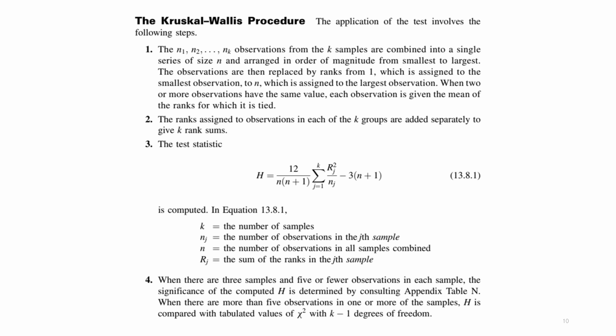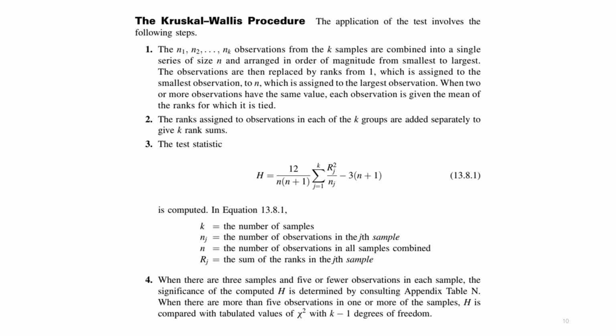Now, what is the Kruskal-Wallis procedure? We have sample sizes n1 for the first group, n2 for the second group, and so on. The K samples are combined together in a single series of size n and arranged in order of magnitude from smallest to largest.